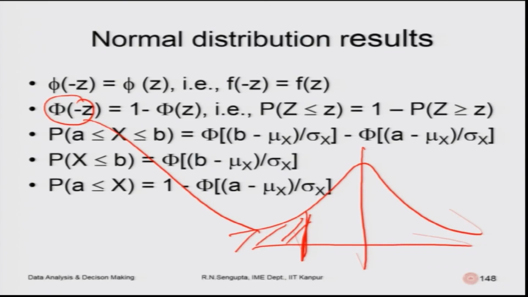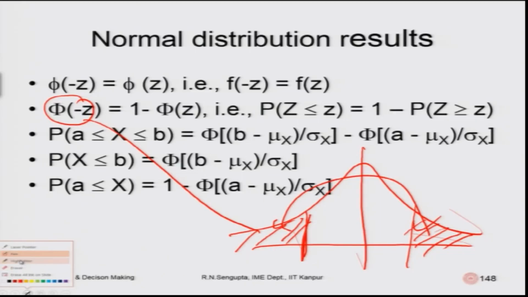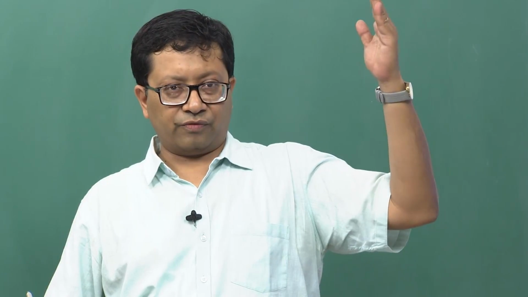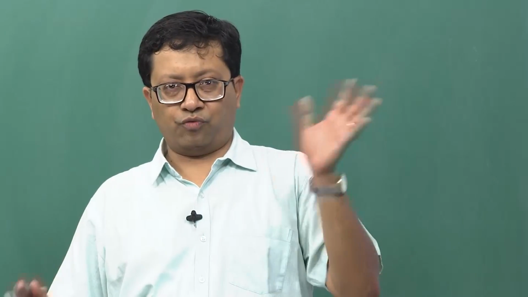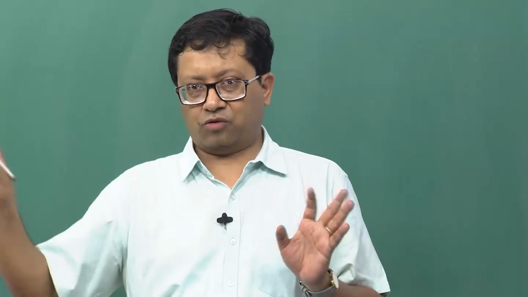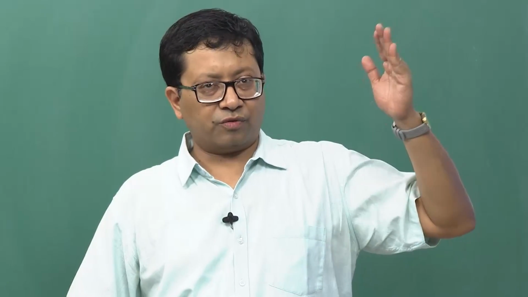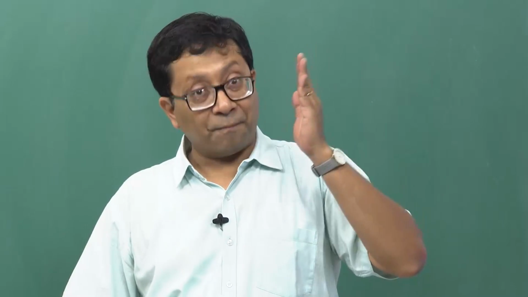If I take the positive side, obviously these values are all equal. So, 1 minus this would basically give me the corresponding probabilities which I am trying to find out for this case. These values would give me the CDF values from minus infinity to plus z. So, 1 minus the corresponding value onto the right would give me the CDF values from minus infinity to minus z.